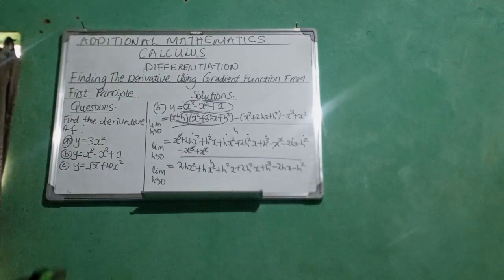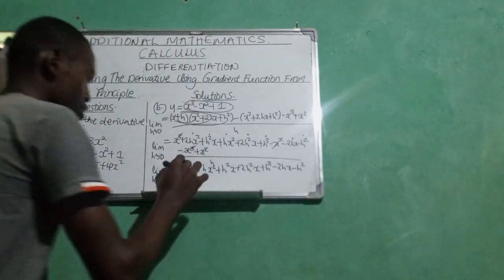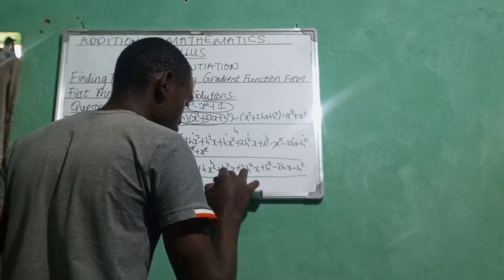Upon doing that, we have gotten all the terms. Then we divide everything by h.